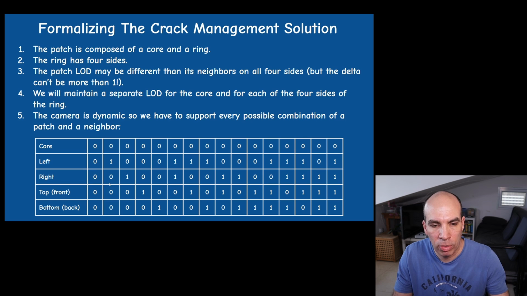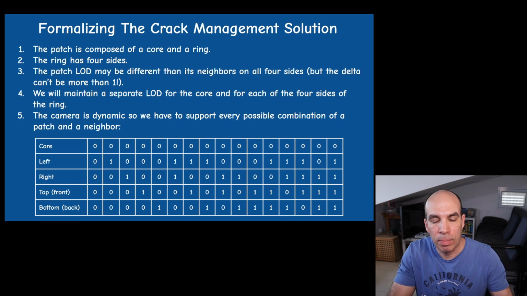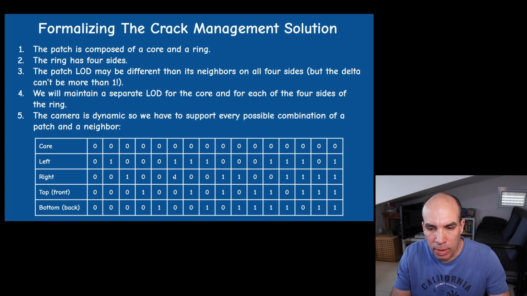Okay, so you can imagine that we have a patch of LOD 1 on the left side, and on the top, right, and bottom edges or sides we have LOD 0. And then theoretically there can be a combination where 2 sides are on LOD 1 while the rest are 0. Okay, and 3, and eventually where the core is LOD 0 and all the rest are LOD 1. Okay, so the total number of permutations is 2 to the power of 4, which is 16.